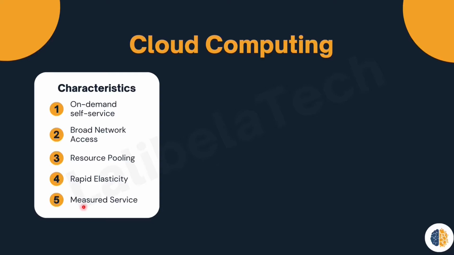1. On-demand self-service. A consumer can unilaterally provision computing capability such as server time and network usage as needed automatically without requiring human interaction with each service provider. 2. Broad network access. Capabilities are available over the network and accessed through standard mechanisms that use heterogeneous, thin, or thick client platforms, such as mobile phones, laptops, desktops, and personal digital assistants. 3.